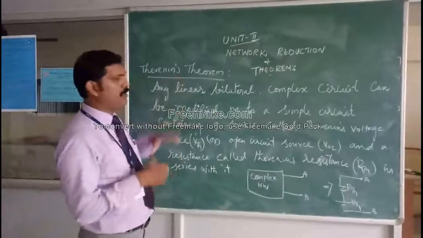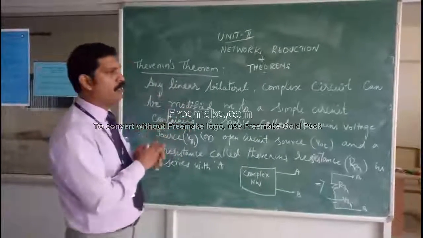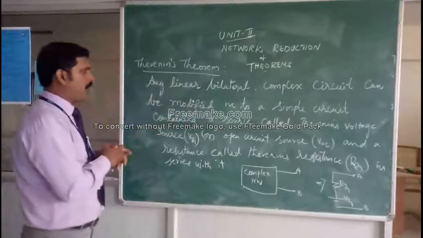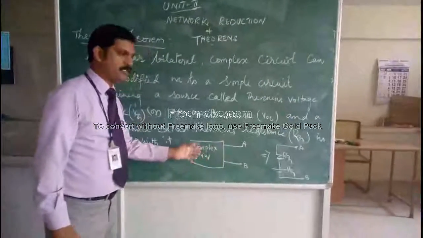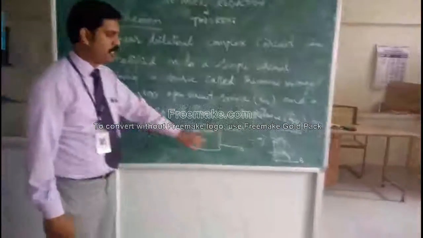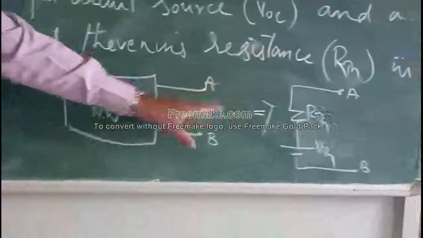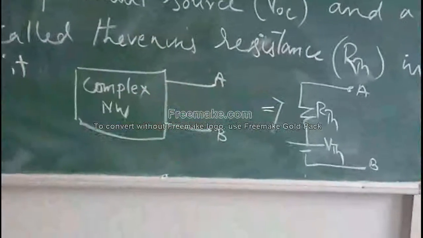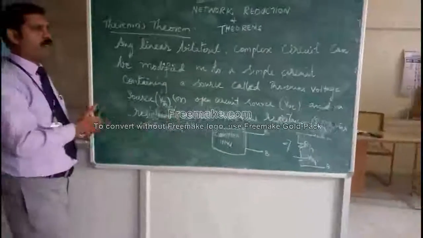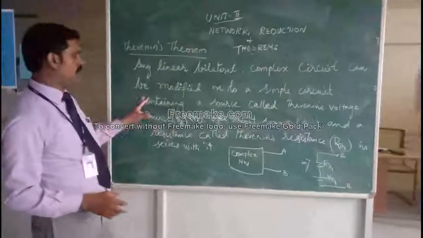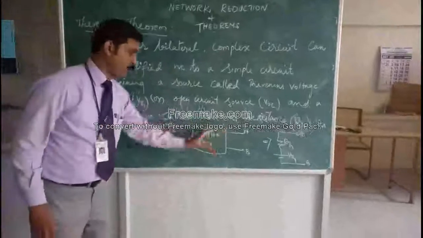Thevenin's theorem is applied to a bilateral complex linear network, like I have shown here. This is a complex network, which you can say is a black box. You have many branches over here, and this is an open circuit end where we are going to connect our load. This complex network can have any number of sources and any number of branches in this box.